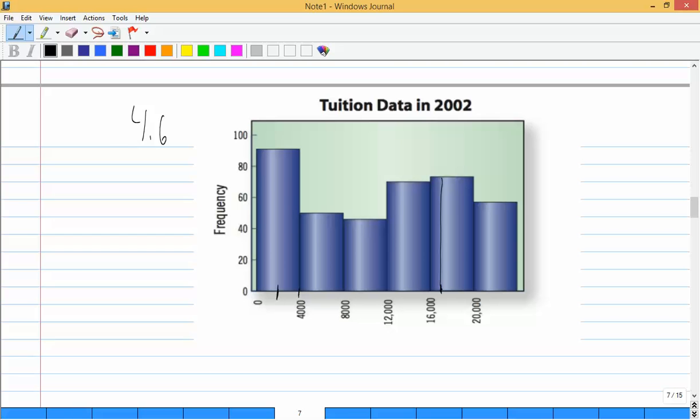So what might be responsible for this clustering? Why is there a cluster around 2000, and why is there a cluster around 18,000, somewhere around there? I'm sure there could be many reasons.